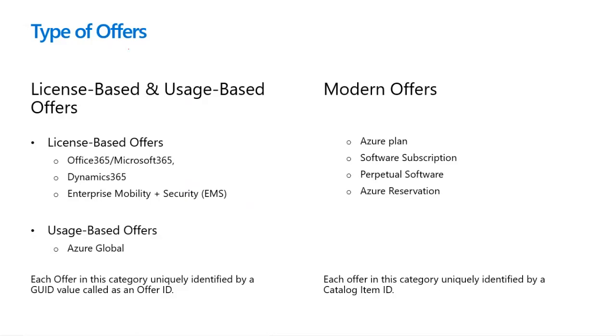For usage-based offers, we have Azure Global, also known as 0145P. Under modern offers, we have Azure Plan, also known as 17G, software subscriptions, perpetual software, and Azure reserved instances. License and usage-based offers are represented by offer ID, while modern offers are represented by catalog item ID.